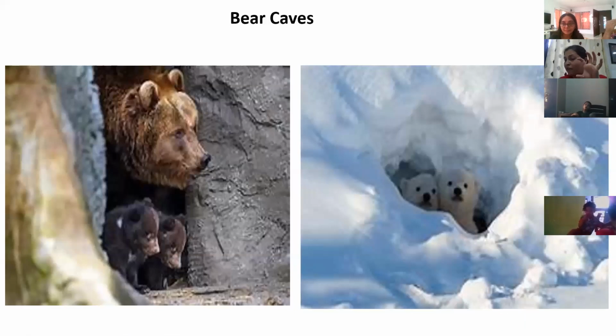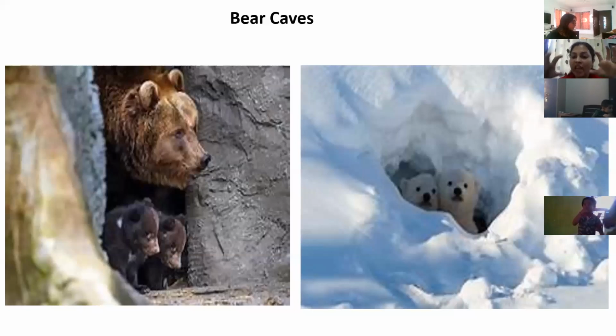Remember, they have sharp claws, five on the left paw and five on the right paw. So they live in caves and they dig their own caves with the sharp claws. If you see the polar bears, they have snow everywhere.